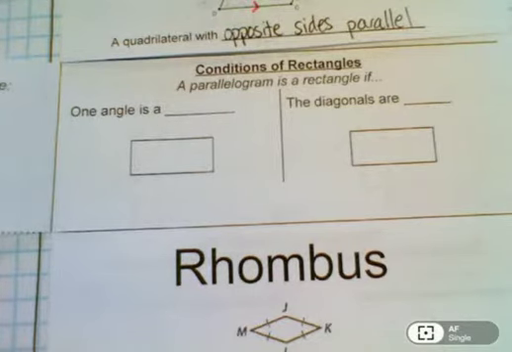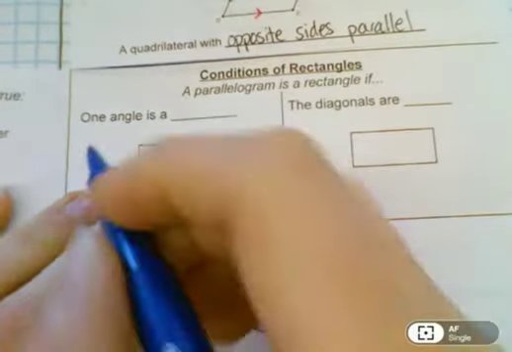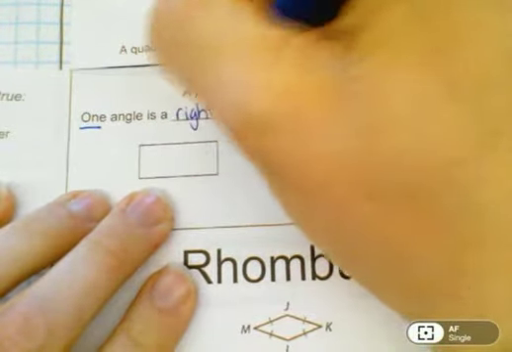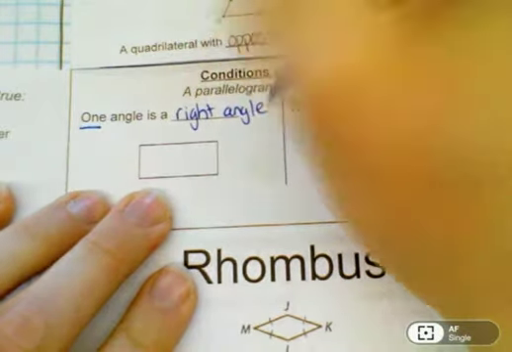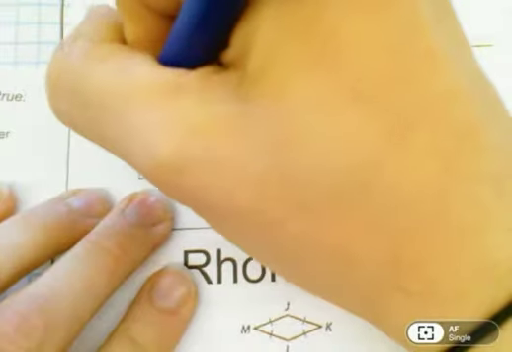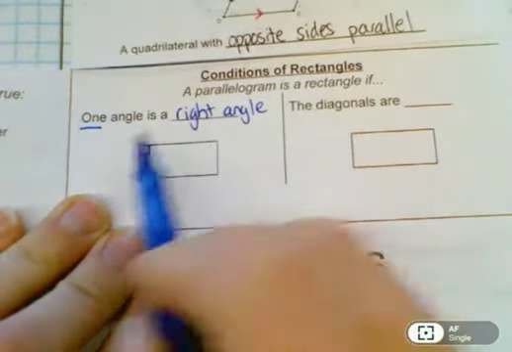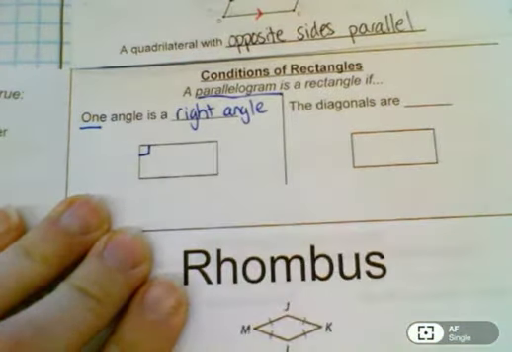Obviously, if it has 4 right angles, it's a rectangle. But additionally, all you really need to know is that one angle is a right angle. That's all you need. If you have one right angle and you know you're dealing with a parallelogram, then automatically you have a rectangle. Now the key is that you already know that this is a parallelogram.